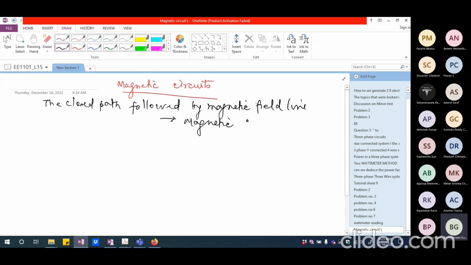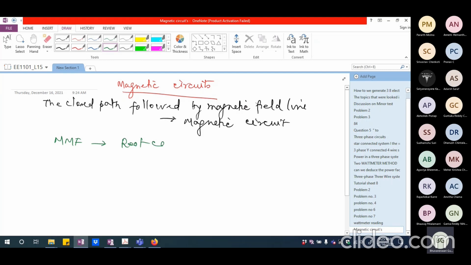And we talked about MMF, magnetomotive force, as the root cause for producing magnetism in a complete magnetic system. So this is the root cause for producing flux or magnetism. The MMF is generally specified by the number of turns through which the current is flowing multiplied by the current magnitude itself.